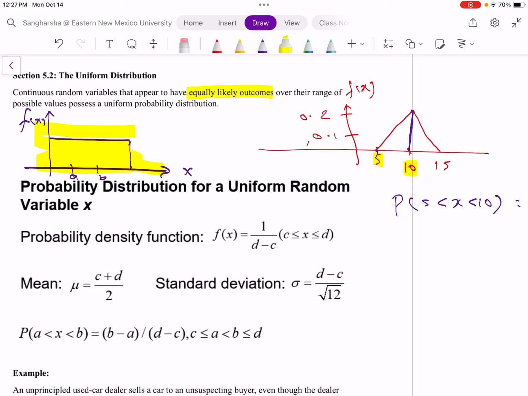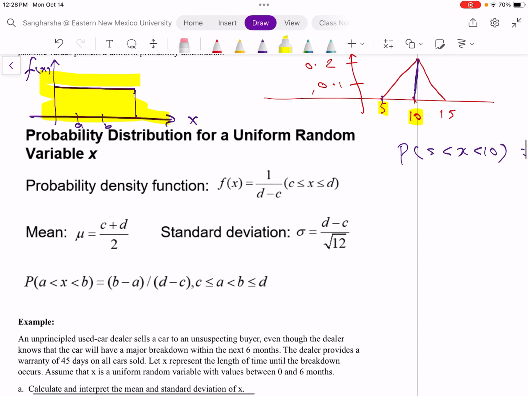The difference is that in our triangular density function, the height of the function is not the same, but in this, let me call it a rectangular density function, the height of the function is the same. And if you have a function with the same height for all x values, we call it uniform distribution.